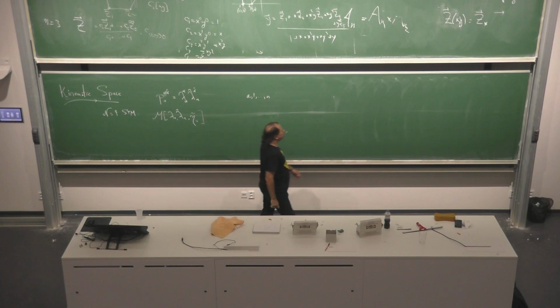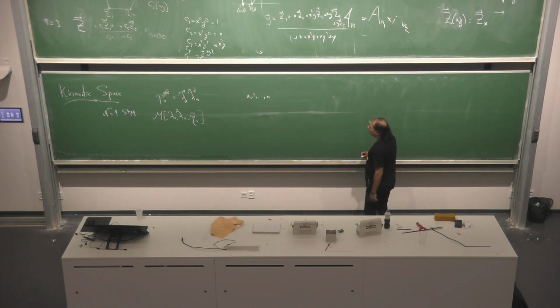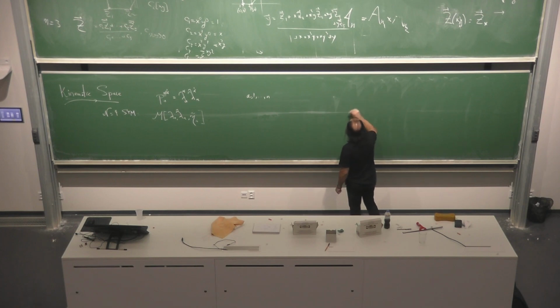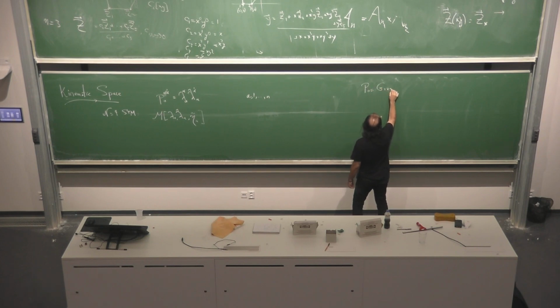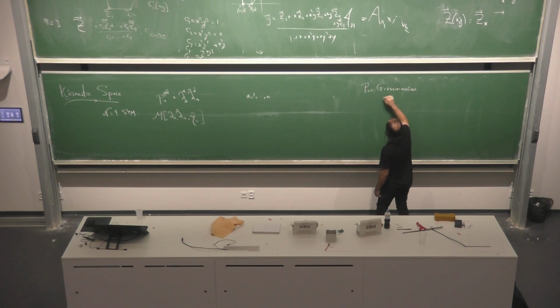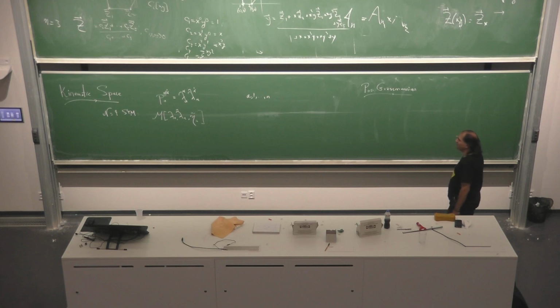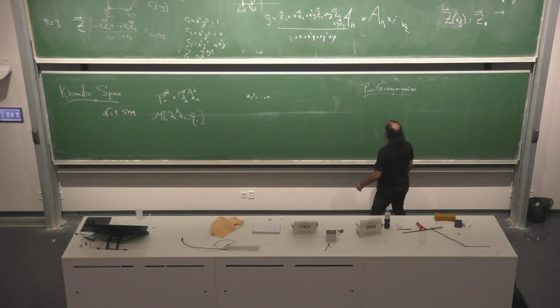Now, there's a very early story here that I think Jake probably talked about, which is the story of the positive Grassmannian. But here's a motivation for where the Grassmannian comes from, which is just thinking about the data.